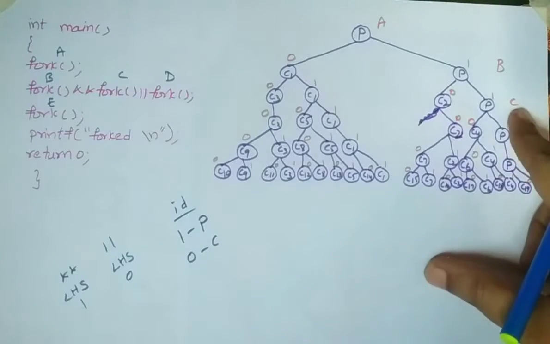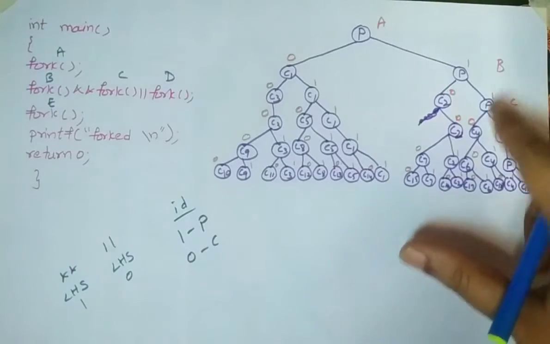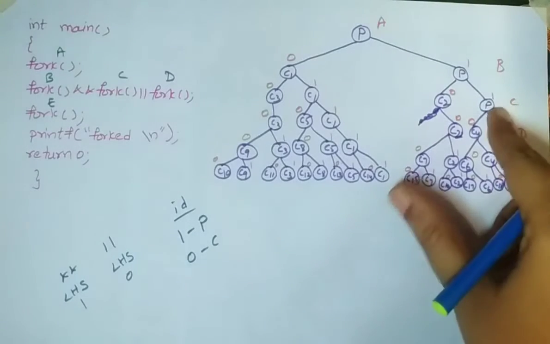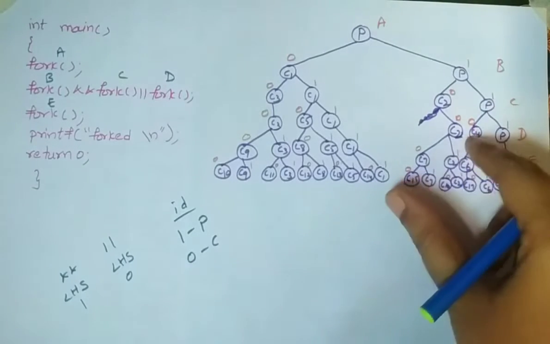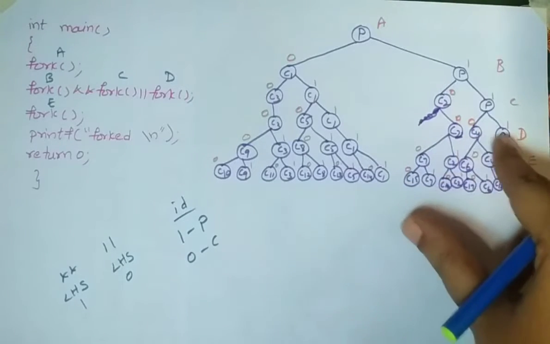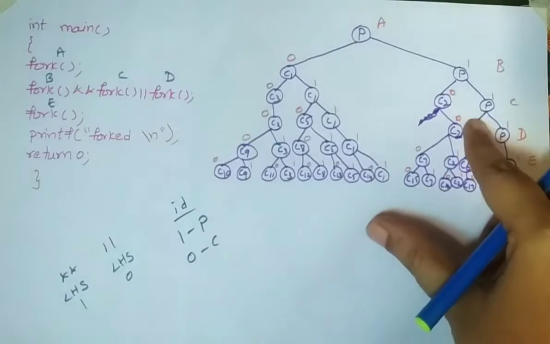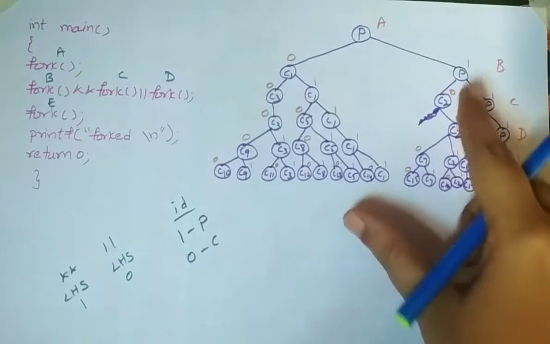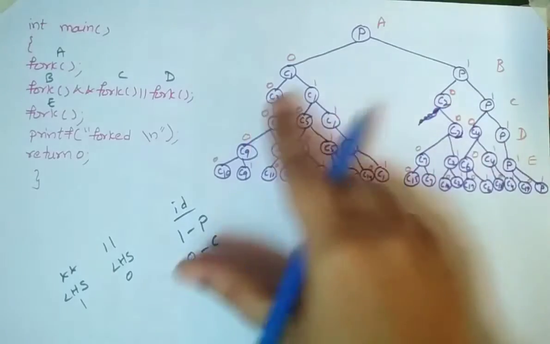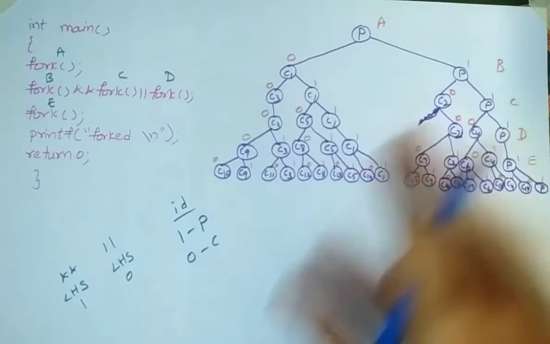Next we are going to execute the fork C operation for P and C1. So it will give the parent process P and then it will create a new child process, that is C4, with the identifier for P as 1 and C4 as 0. And we are taking the C2 value same. We are not executing C2 and C3 in the level 2.